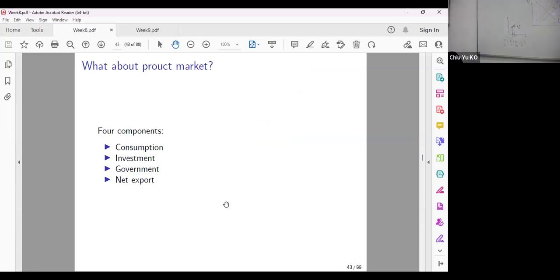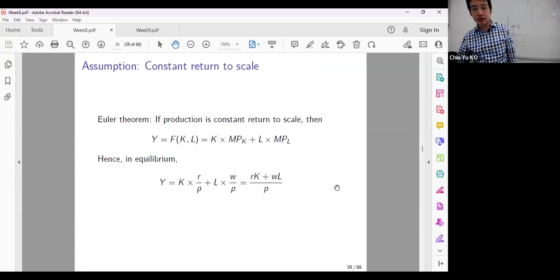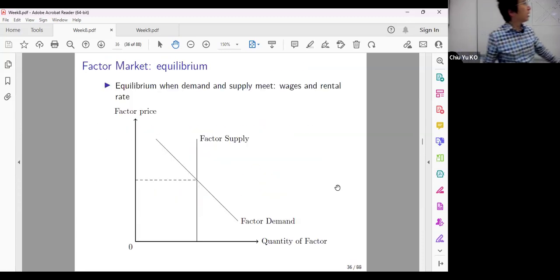I want to talk about the product market. So far, we only talk about the factor side, how the wage rate is being determined. This particular model would tell us how the wage rate is being determined. Of course, in this model, there's no unemployment, but look at how the wage rate and the real interest rate are determined, based on how the demand looks like.